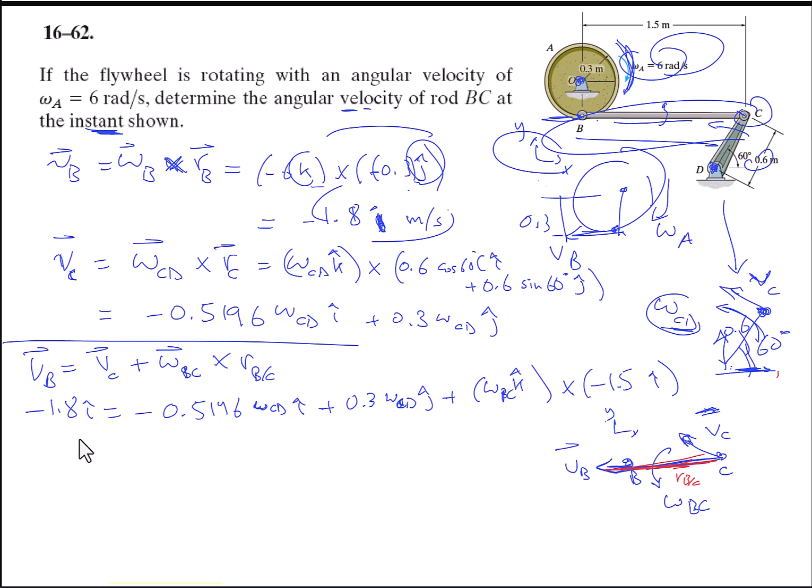Let's simplify. This is 1.8 in the i direction, minus 0.5196 omega CD in the i direction, plus 0.3 omega CD in the j direction, minus 1.5 omega BC in the j direction.